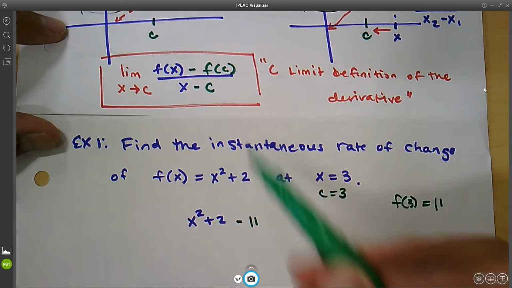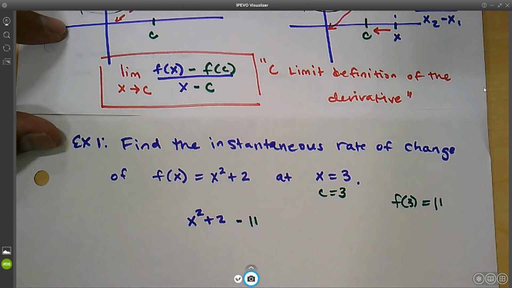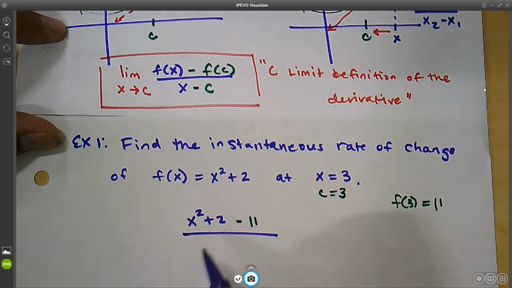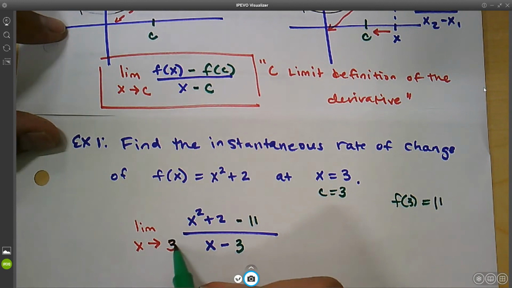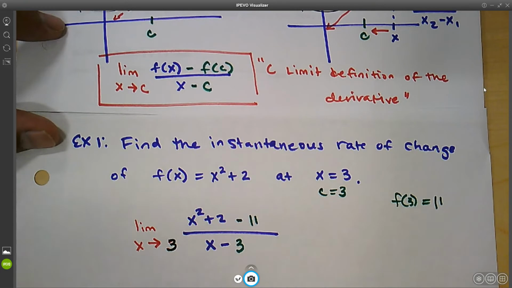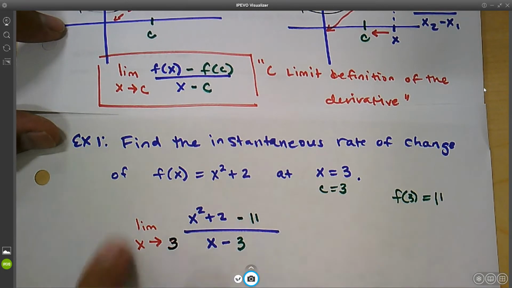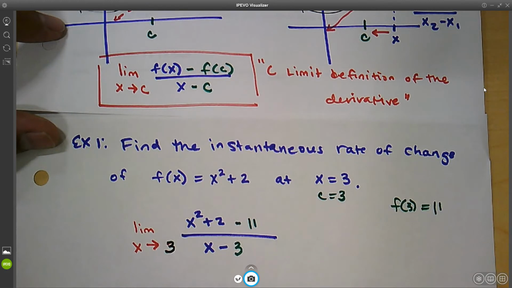So that's f of c, but I'm just going to already calculate that and put it there. Okay, well, there's a line, and then the x appears, and then the c appears again, so I'll toss the 3 there. To make this a calculus problem, we toss the limit as x approaches 3. So that's why I said this is nothing new. You're building this yourself, but to evaluate this limit is all chapter 1.